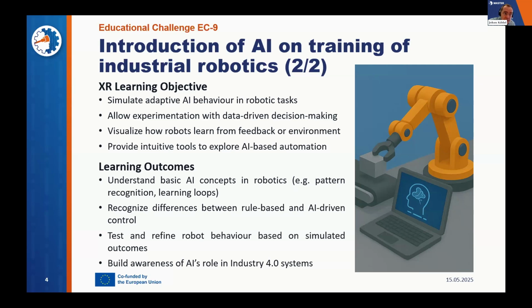Also to test and refine robots' behavior based on simulated outcomes, and to build awareness of AI's role in Industry 4.0 systems, or in industry in general, what type of role AI is gaining in production, for the student to get a good grasp of this.